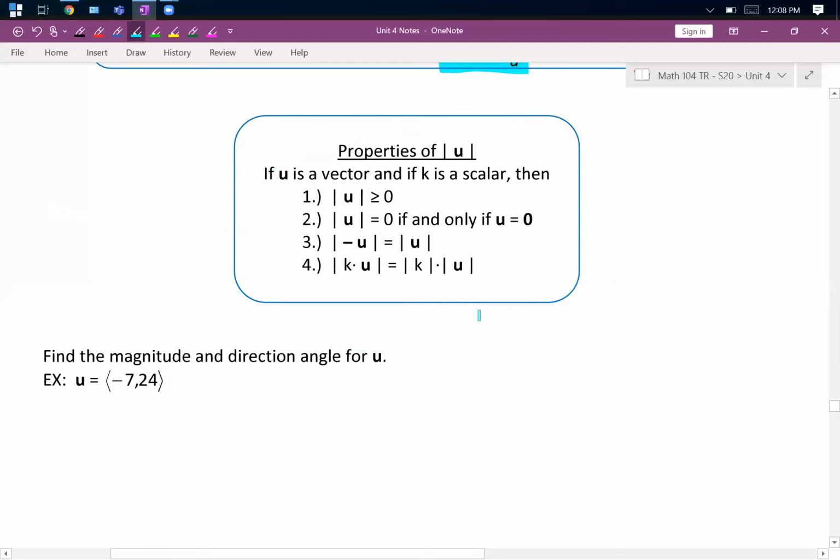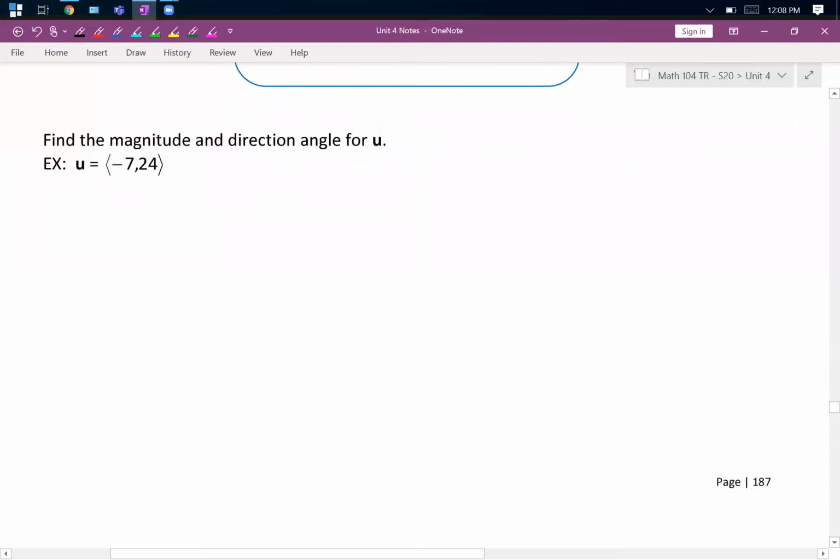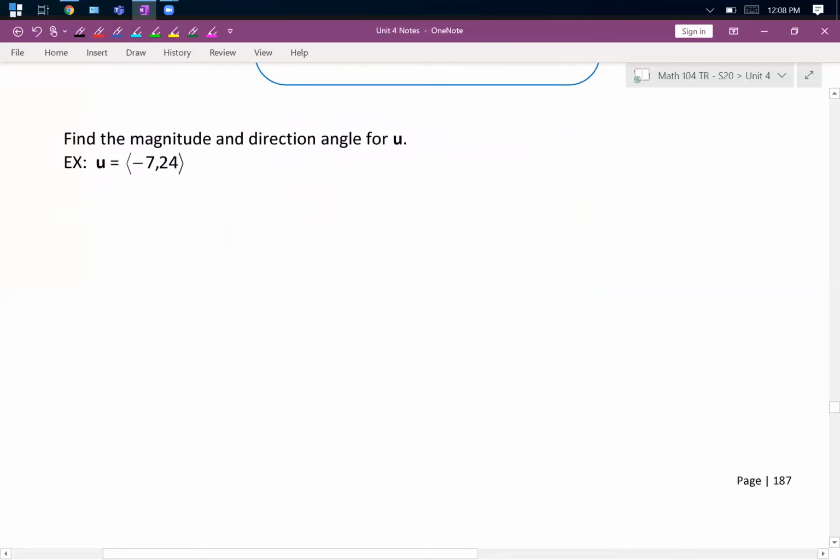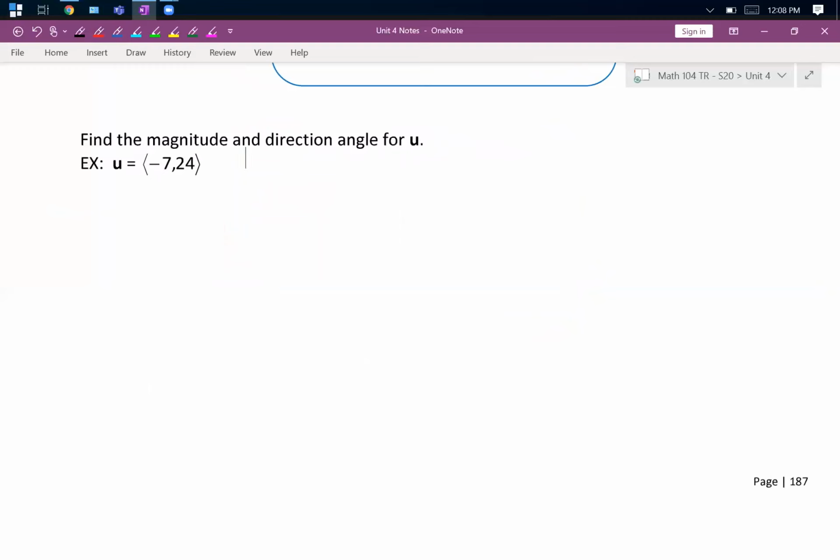All right, so let's practice finding the magnitude and direction angle for a vector u. Here, u is equal to <-7, 24>. And again, I know this is a vector because we have angle brackets. To find the magnitude, this is equal to the square root of a squared plus b squared. It's just the Pythagorean theorem.